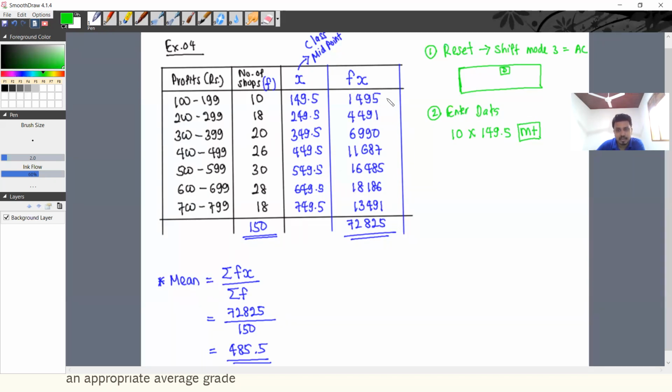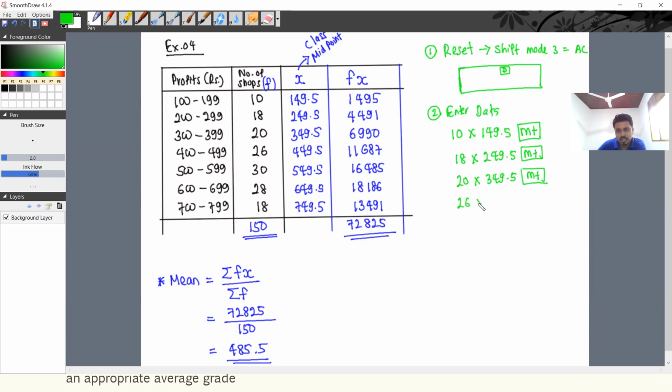Then, leaving the display as it is, you can enter the next one, 18 into 249.5. Again, instead of equal, you need to press M plus. Write down the answer seen on the display, 4491. Then the other one, 20 into 349.5. Instead of pressing equal, press M plus. The display shows 6990.